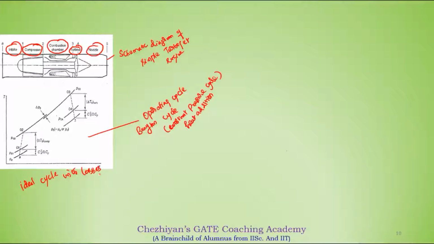Why did I say with losses? Whether A to 1 or 1 to 2, it's not an isentropic process, because this is entropy S and this is temperature T. The entropy is not constant, but it's an adiabatic process in the case of the intake and the compressor.